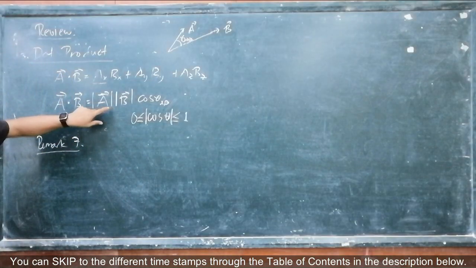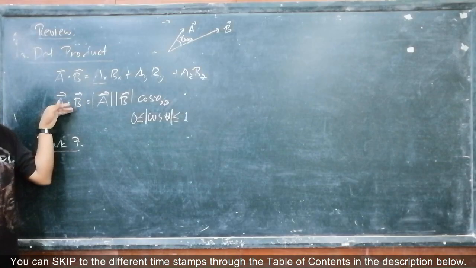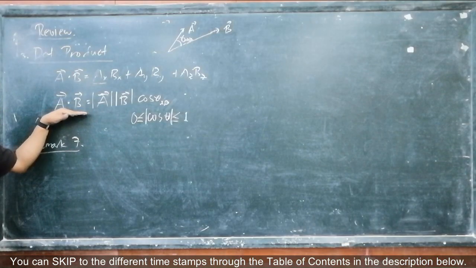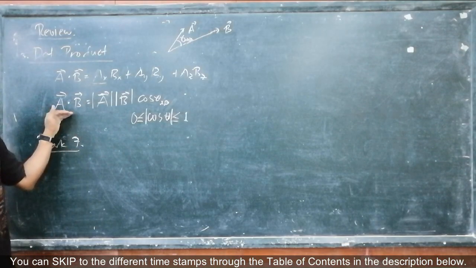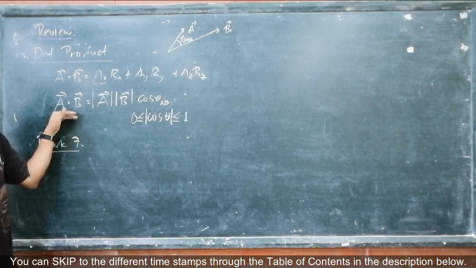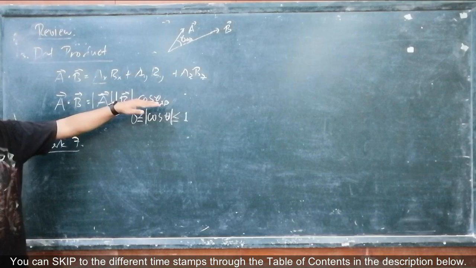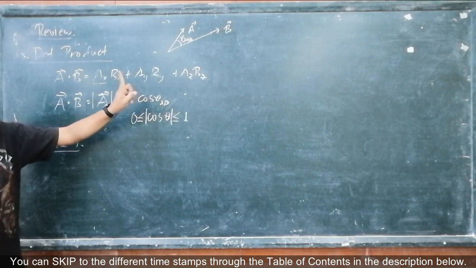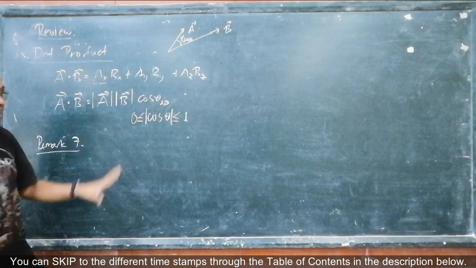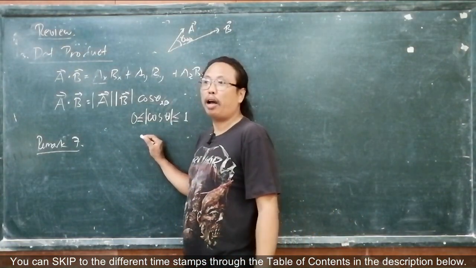Meaning that by this definition, we can actually look at the maximum value of A dot B. A dot B is maximum when cosine of theta AB is 1, right? So when does cosine of theta happen to be 1?